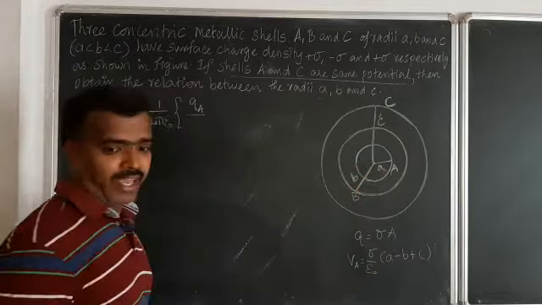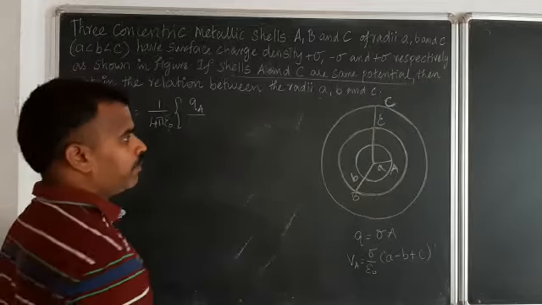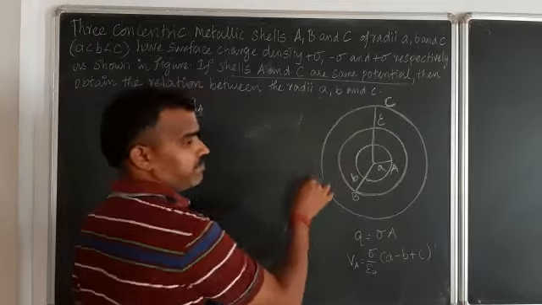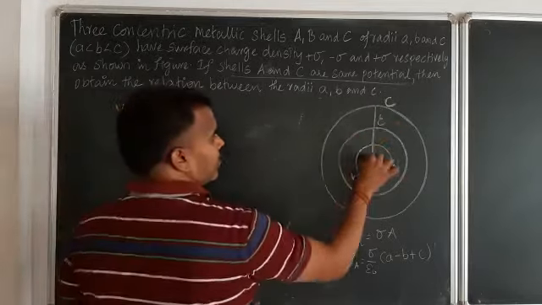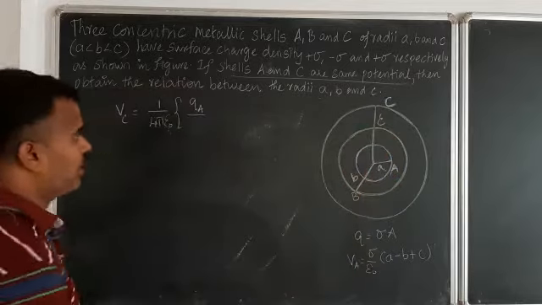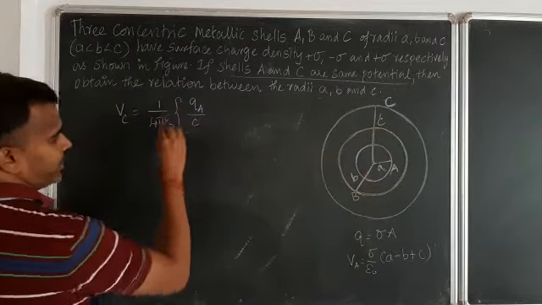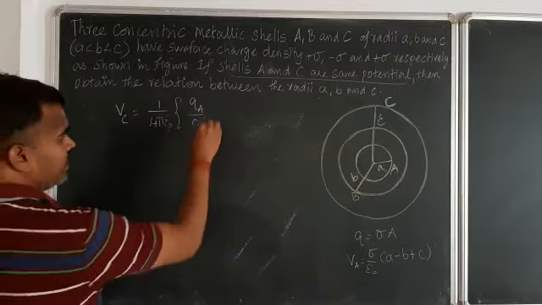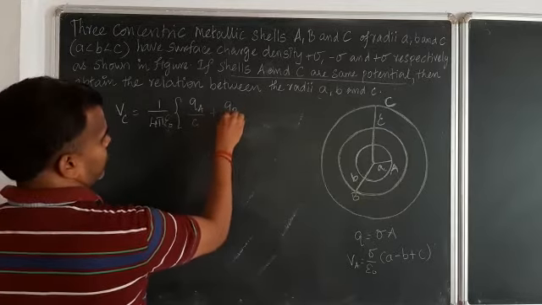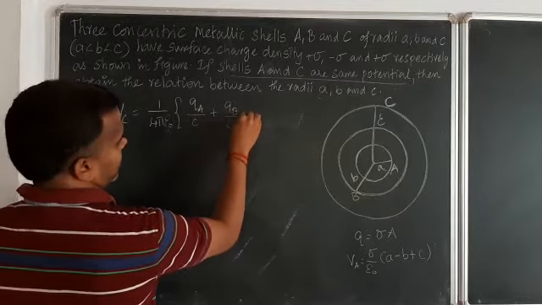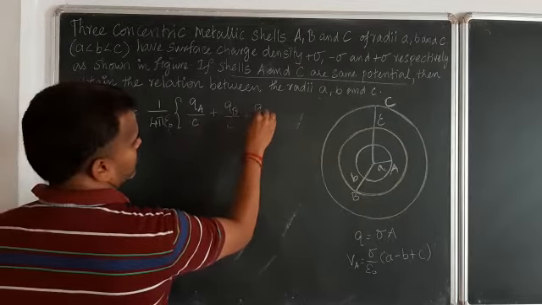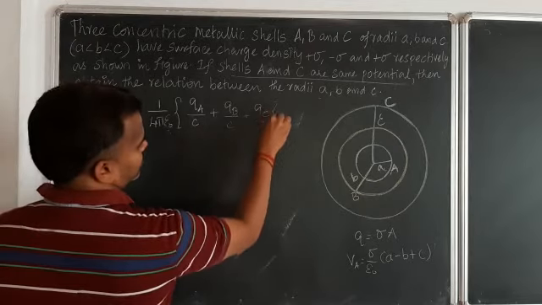We should use C rather than A, because we are calculating for this big sphere, and C has the radius C. And similarly for the second sphere, QB by C plus QC by C.